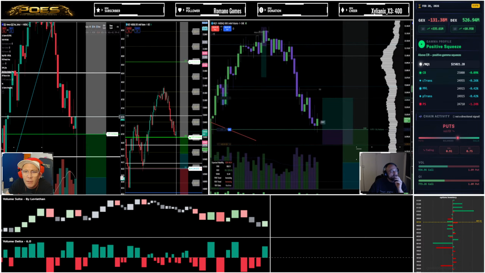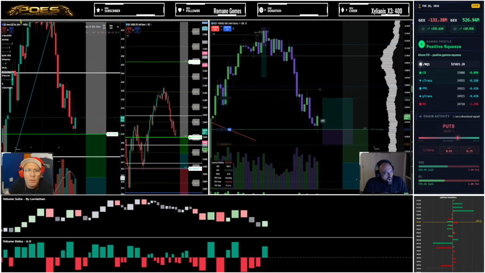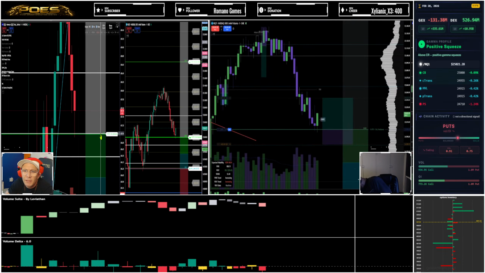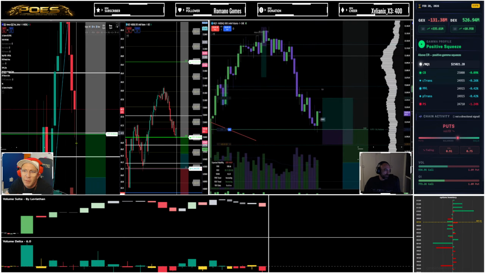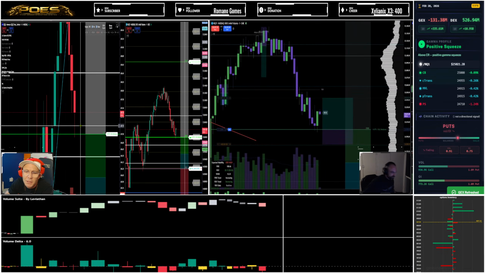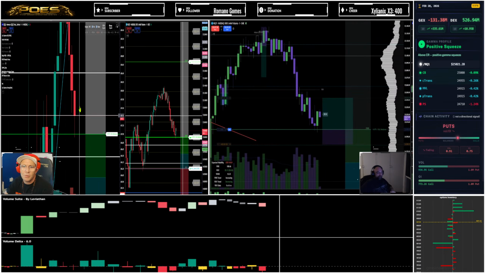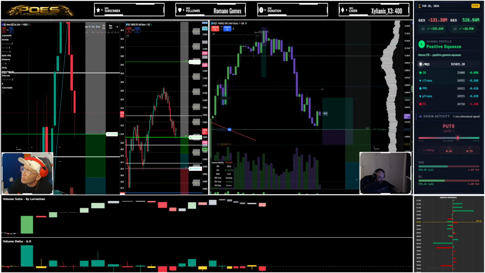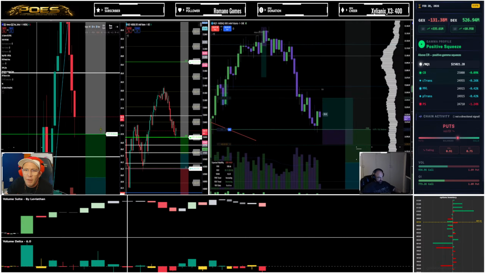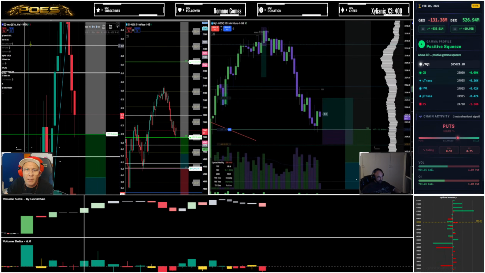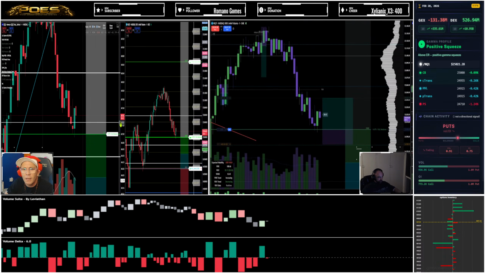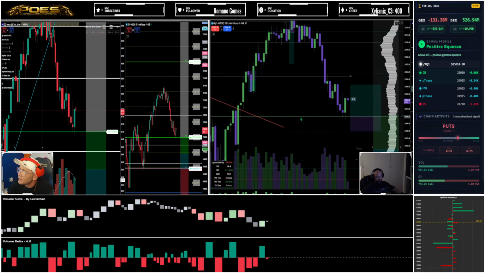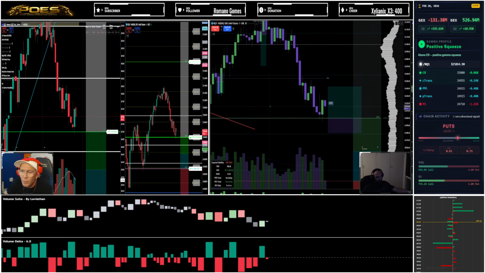What are we doing here? 607. Tap the core resistance on the 5 minute, but super bearish. Coming down maybe for another leg. Is this going to be that little nothing burger of a sell?